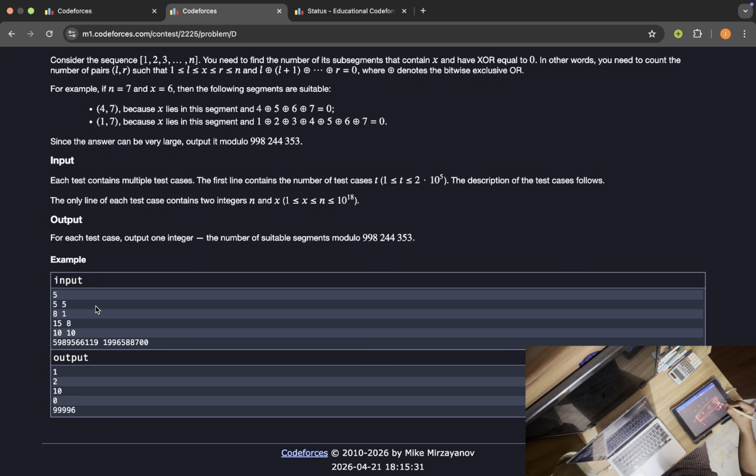I can easily find the prefix XOR for this position. If I create the prefix, I'll see this position and ask is the part 0 or not, is the part 0 or not, and so on for every single part.